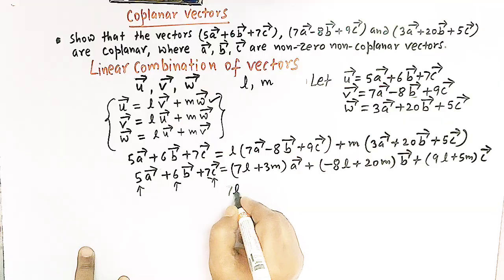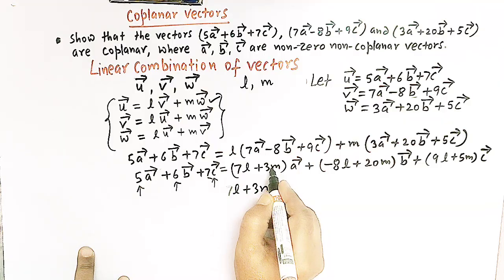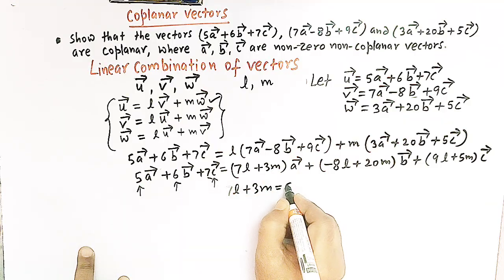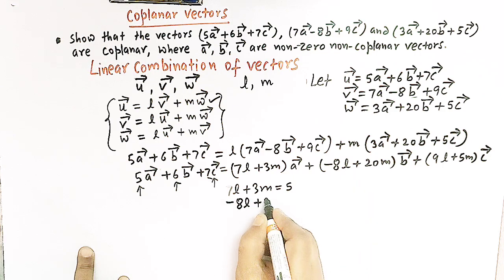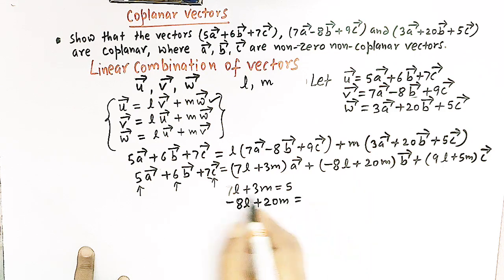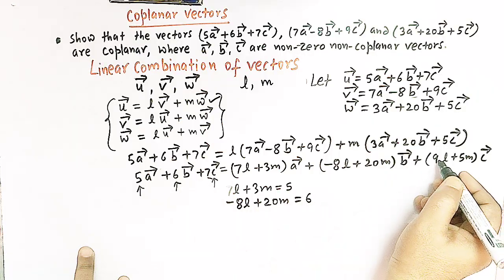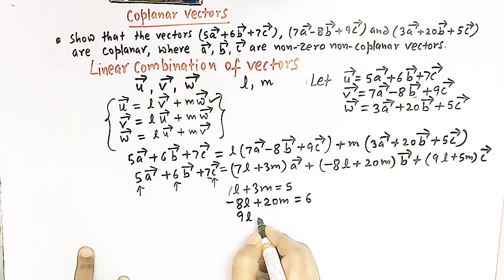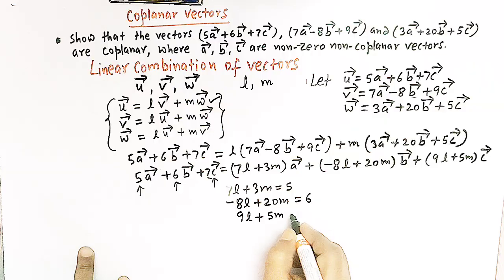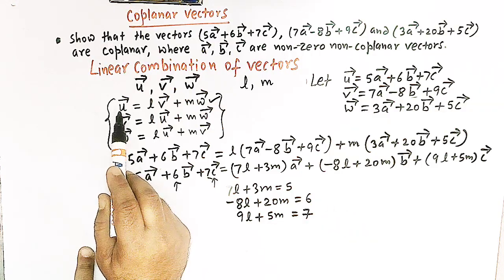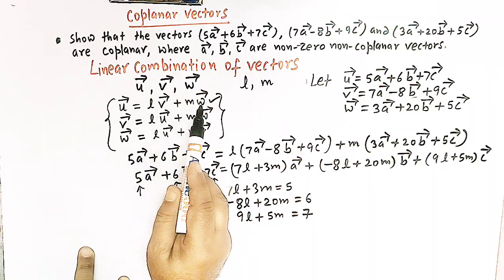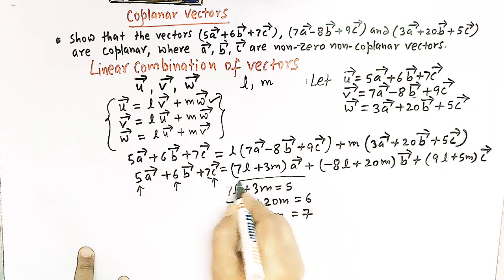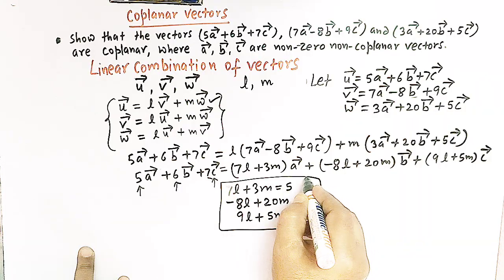So we have here 7L plus 3M is equal to 5, and then we have minus 8L plus 20M is equal to 6, and here we have 9L plus 5M is equal to 7, right? So writing this vector u as a linear combination of vectors v and w, we have now these three equations.